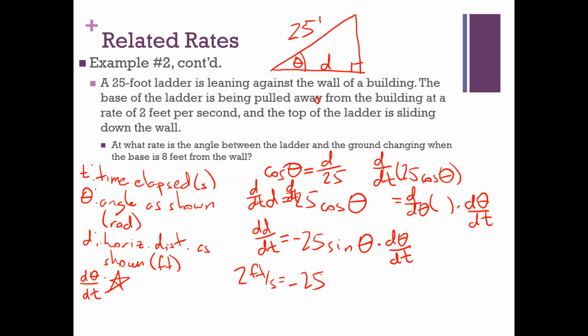What else do we know about this ladder right now, like at the instant where I actually care about it? Garrett? It's at 8 feet. The base is 8, right? So let me draw a second triangle up here. What is that?